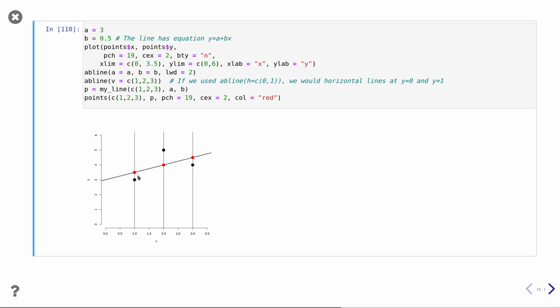The error that I'm making is the distance between that red point and that black point for each x. The red point is what I have because I've fitted this line, and the black point is my data point. What I want to do is minimize the distance between these points.